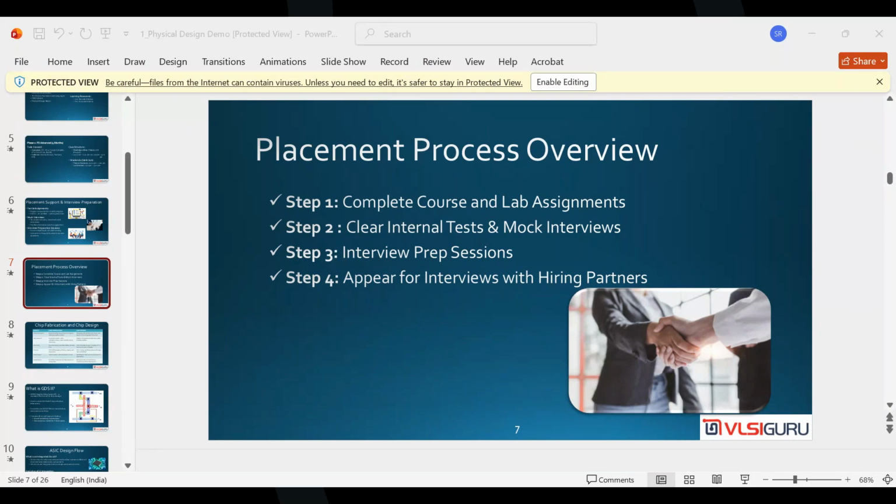We cannot say that Fusion Compiler will replace all the other tools which I have mentioned, right? All tools have their own merits and demerits, right? Like ICC2 cannot be used for all the operations. FC cannot be used for all the tasks, right?